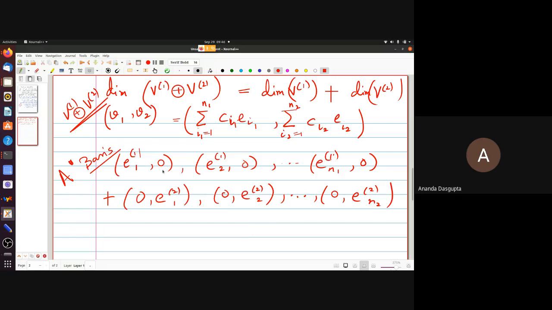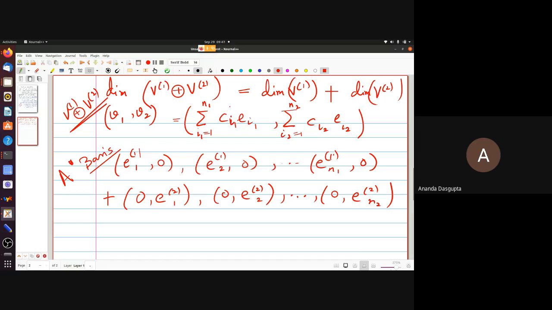So there are N1 vectors up here, each of the basis vectors of V1 with a 0 part from V2, and N2 vectors down here, where the V1 piece is 0. And it is easy to see that any vector V1 comma V2 can be written down as a linear combination of these vectors.